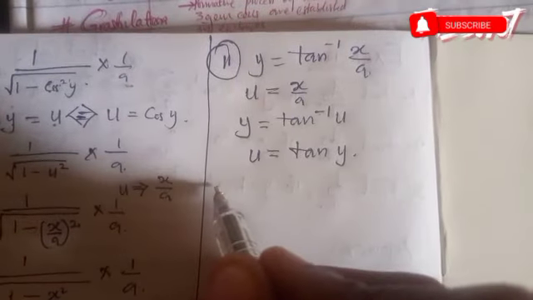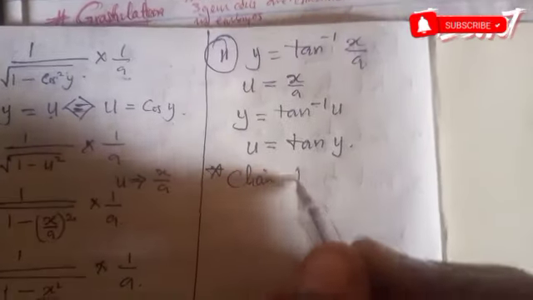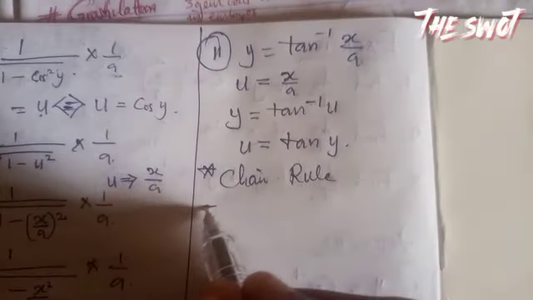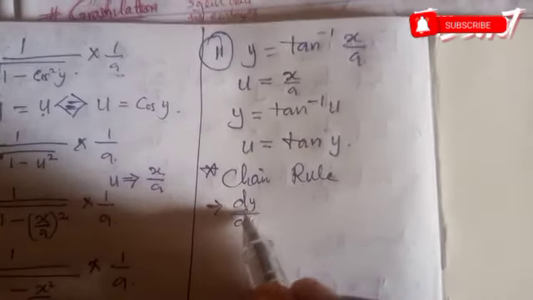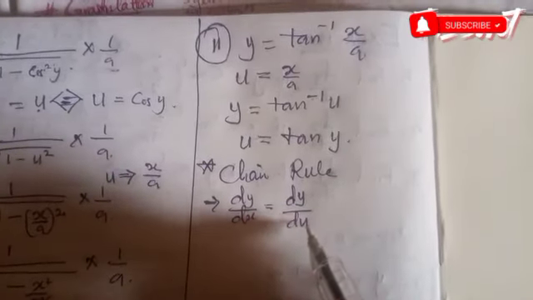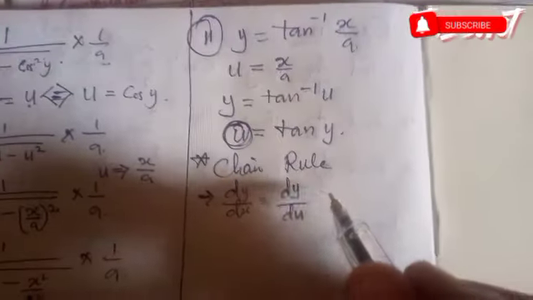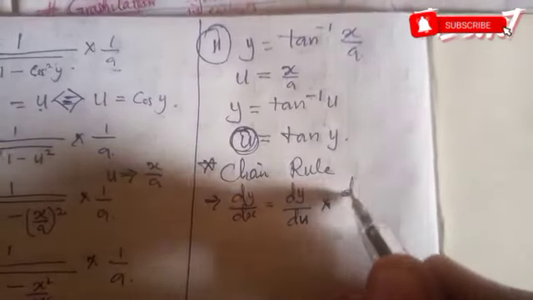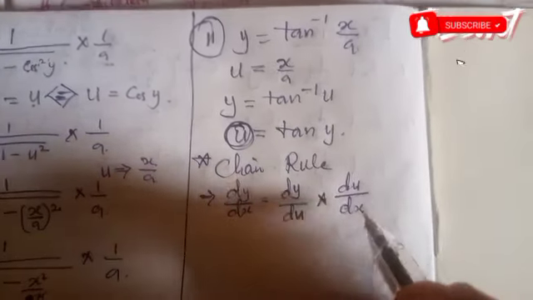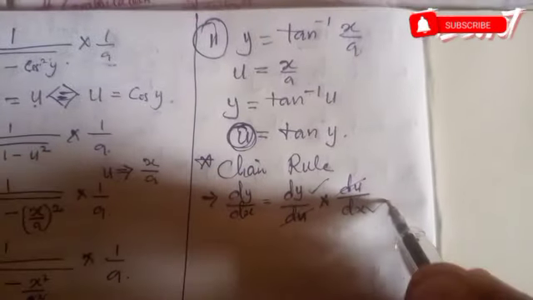Do you get it now? So from the chain rule, which is what, dy dx equals dy du times du dx, so that this u, the second variable we included, can cancel this, then we have this and this left.